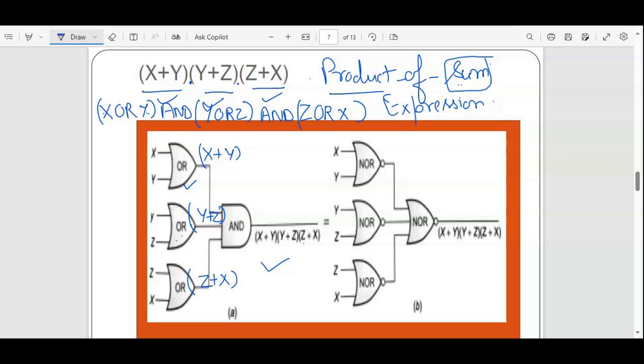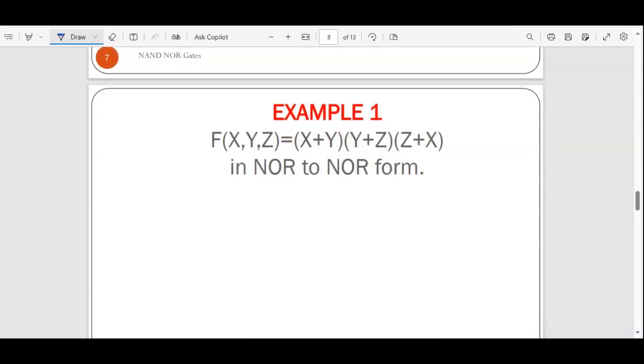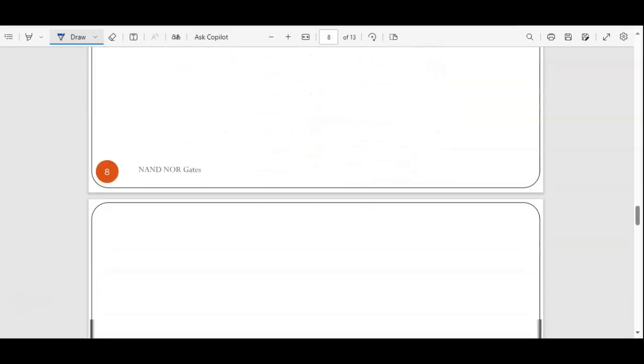So we have an OR here, NOR, and this AND also with NOR, and the final output is exactly the same. I hope you are clear with this. Now we can go with NOR to NOR form. Actually it was given in the previous example only, so we are already done with this one.